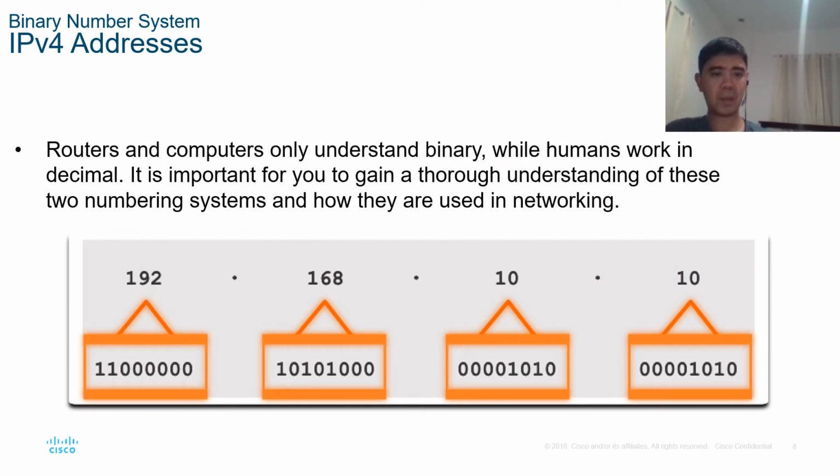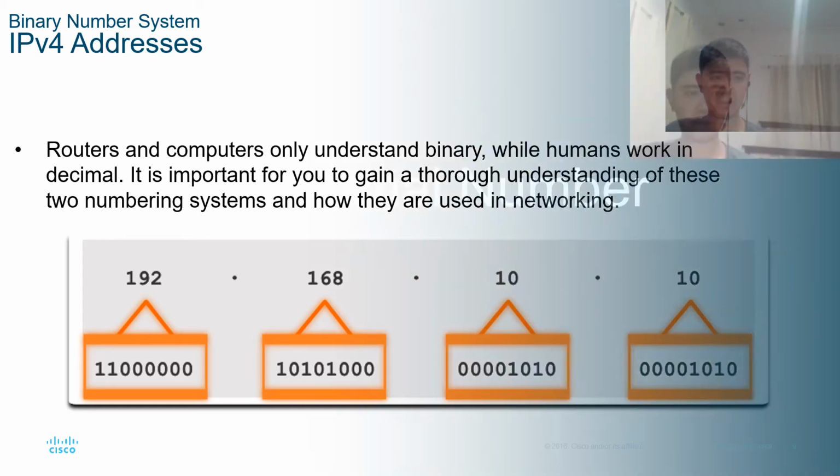We will deal with binary decimal conversion a lot during our IPv4 addressing topic, especially on the part of subnetting. It is very important for assigning an IP address to our end devices, as well as to the interfaces in our routers. There's a need to convert because our network devices and end devices process binary format, while as humans we understand decimal.